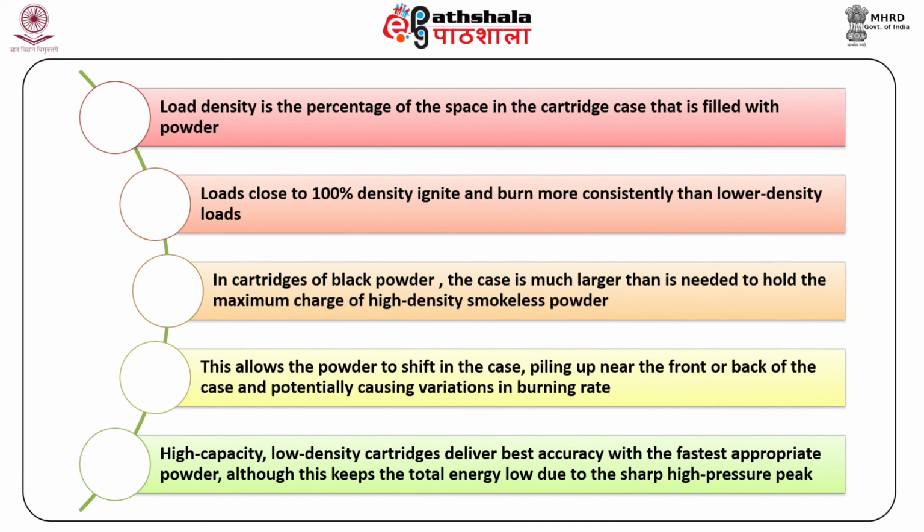This change has less impact with the fast powders. Such high capacity, low density cartridges generally deliver best accuracy with the fastest appropriate powder, although this keeps the total energy low due to the sharp high pressure peak.